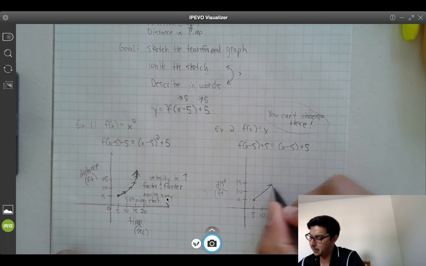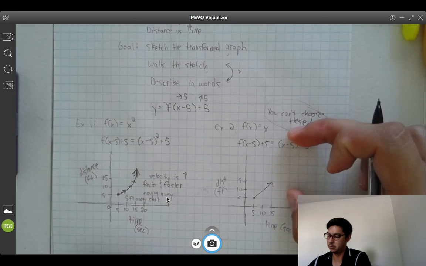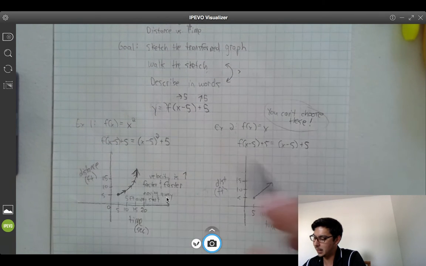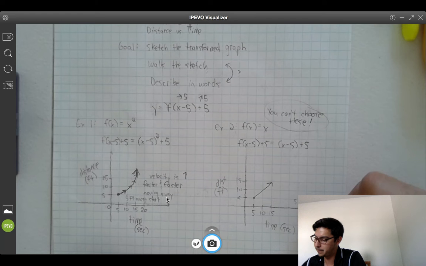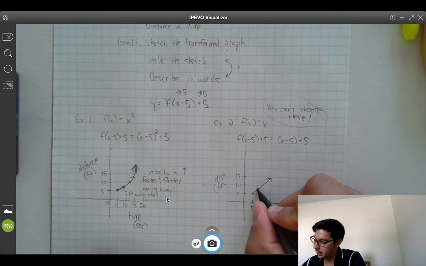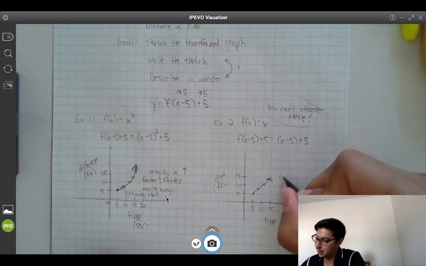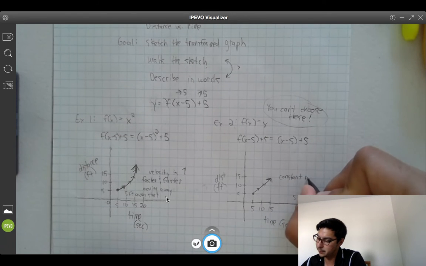So when I do my slope walk for this linear equation, same as before, I'm 5 feet away and I'm moving away from the start. And I actually have a constant rate of change.